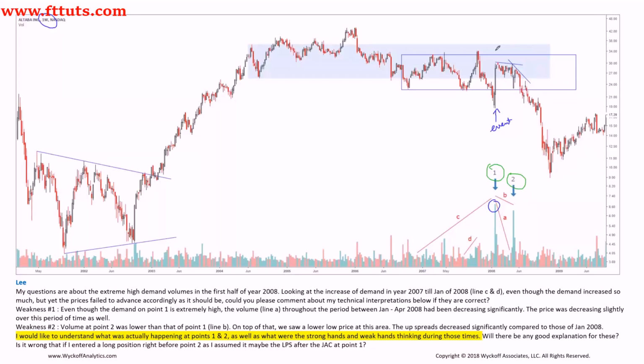And the biggest question that Lee is asking here, somewhere in the description, is that there is so much movement to the upside, so much effort, yet what is the final result? To understand the final result, we need to understand the original intention behind this move.